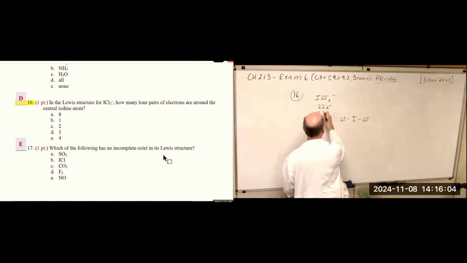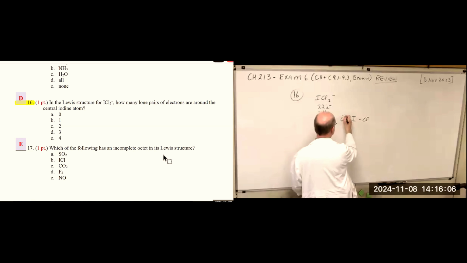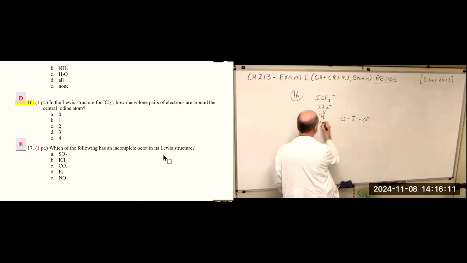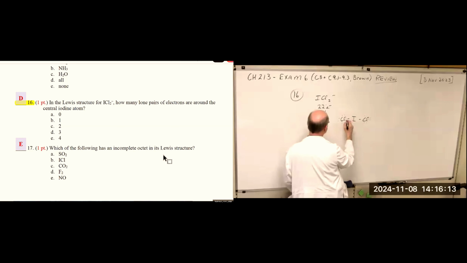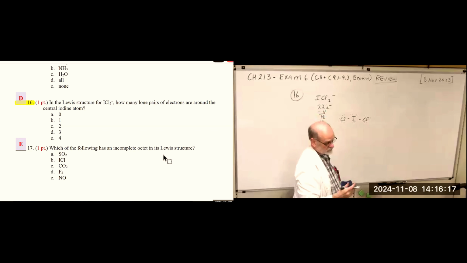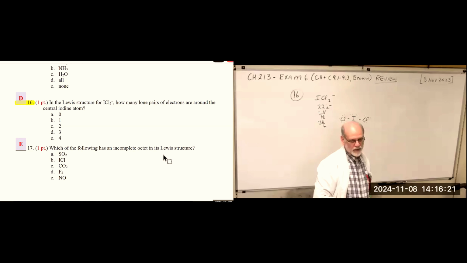That's 4 bonding electrons, leaving 18 electrons. 2, 4, 6, 8, 10, 12. So we have 6 on iodine, 2, 4, 6, or 3 pairs. Lone pair electrons: 3.